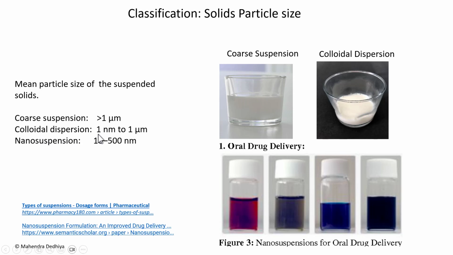These suspension sizes range from 1 nanometer to 1 micron. Then there are nanosuspensions. These are common in the pharmaceutical and cosmetic industry. They appear clear or cloudy. One can see at the bottom of this slide, nanosuspension. These materials are completely suspended.